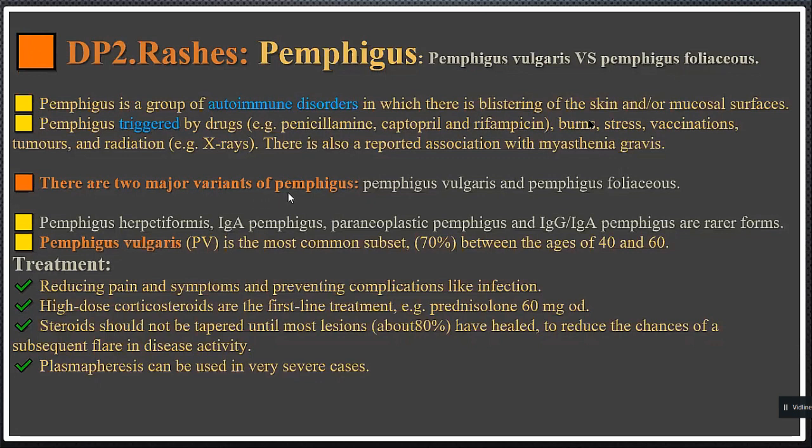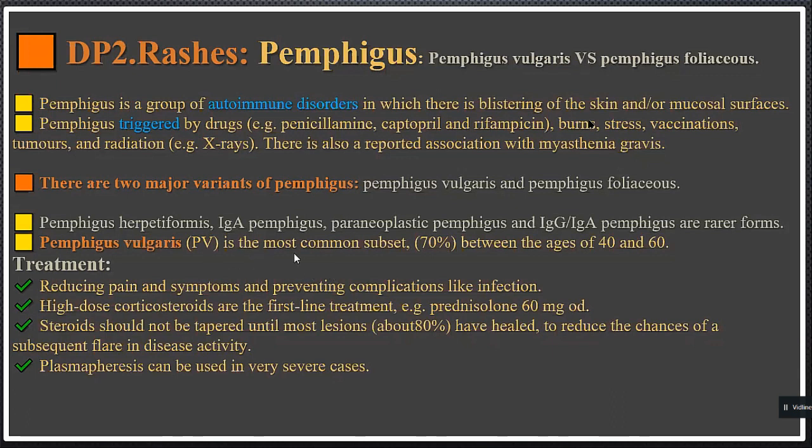Two major variants of pemphigus, vulgaris and foliaceus. There are other categories like herpetiformis, IgA pemphigus, paraneoplastic, but they are rare forms.